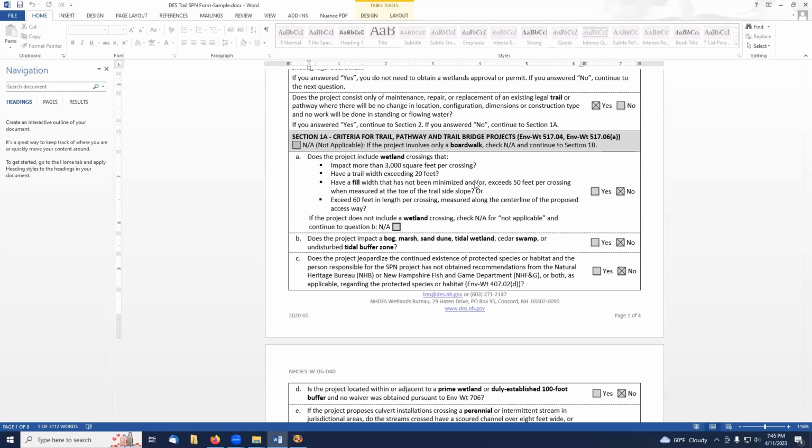So I know it was a little long-winded, but did that answer your question? Yeah. I just figured, obviously, crossing through wetlands, even if it's under 60 feet, kind of goes against the whole best management practices anyways. But I was just curious, if they give you leeway, obviously that means you can do something.